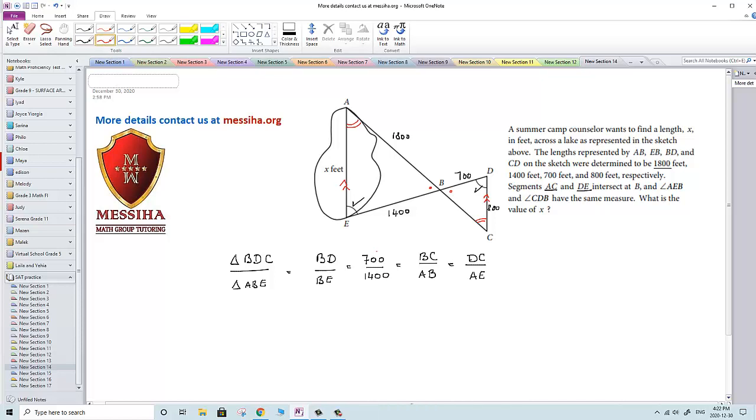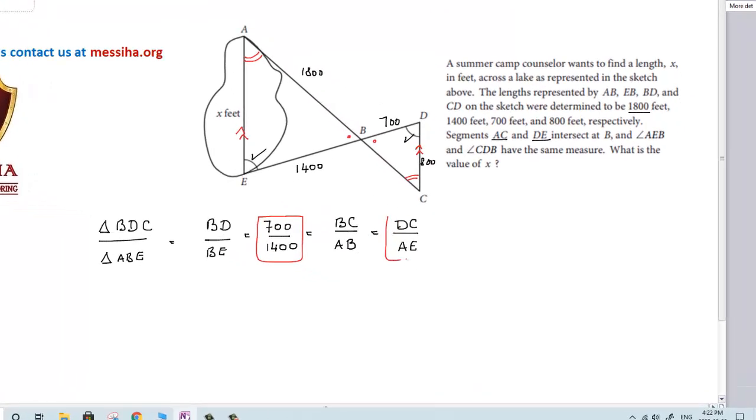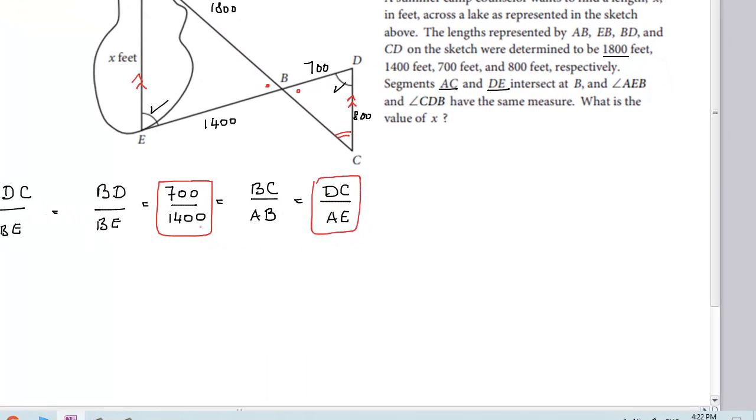I'm going to focus on this relation, the 700 over 1400. This relation is very, very important. And this relation, DC over AE. If they are equal, I'm going to check what is DC. DC here equals 800. And AE, actually I'm looking for, this is my X. So if I have 700 over 1400 equal to 800 over X, I can find X.